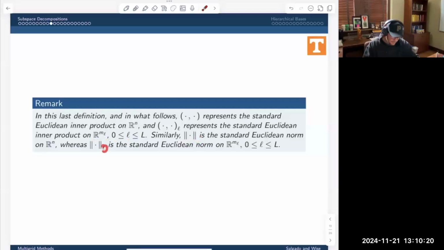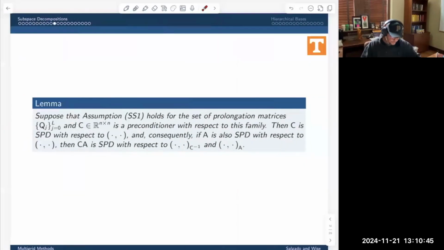And if I have a subscript, it's always the standard Euclidean norm, the 2-norm on R^{M_L}, for L equals 0 up to capital L. So just keep that in mind as you look at these and you see, what does this inner product represent? If it doesn't have any symbol, it's the standard Euclidean inner product in R^n.